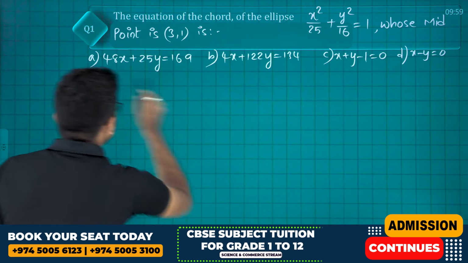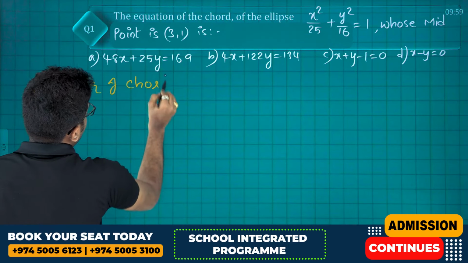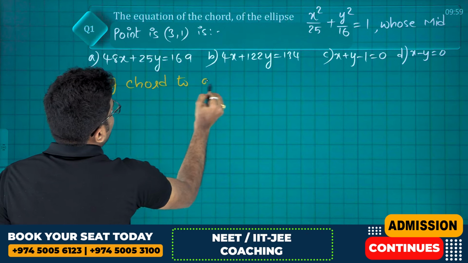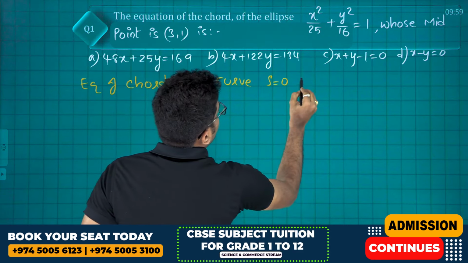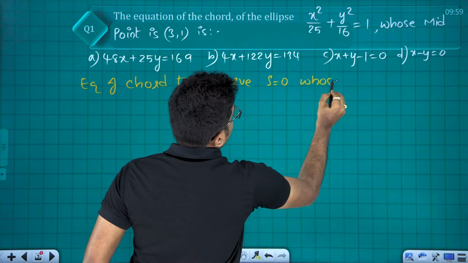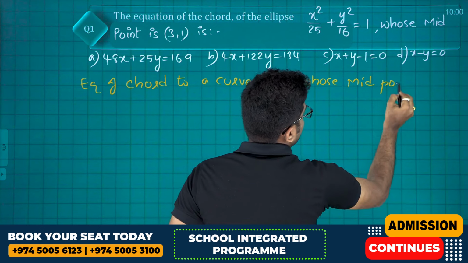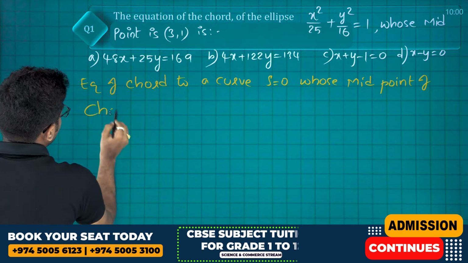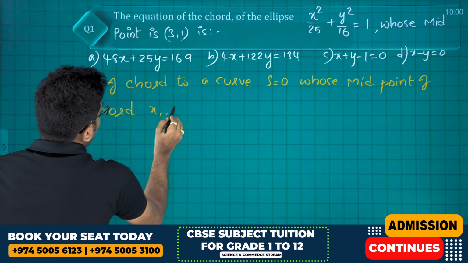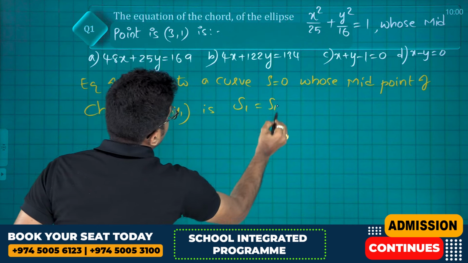Equation of chord to a curve S equals 0 whose midpoint of the chord is x1, y1 is S1 equals S11.